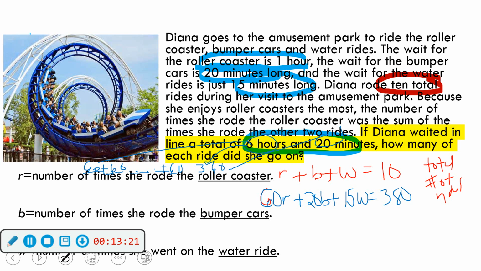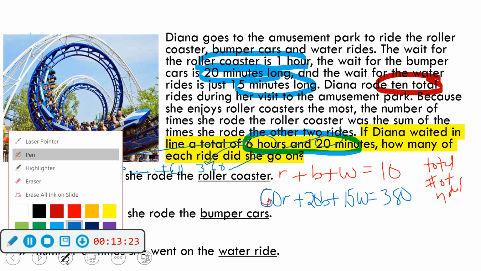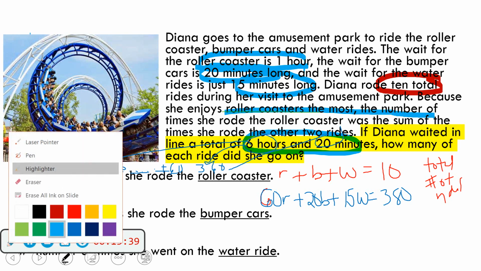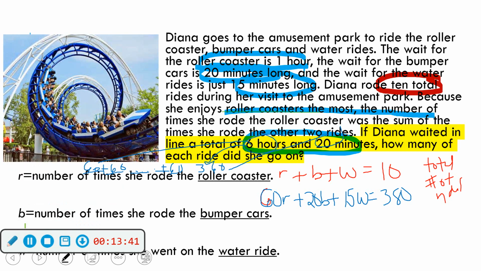Now the last part here is talking about this comparison. And it says here that because she enjoys roller coasters the best, she actually went on roller coasters a lot more than the other 2 rides.